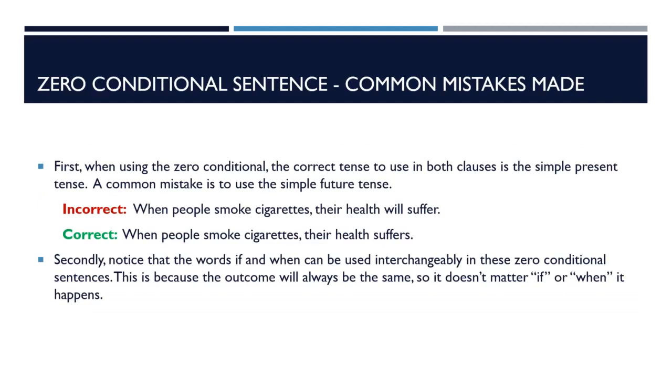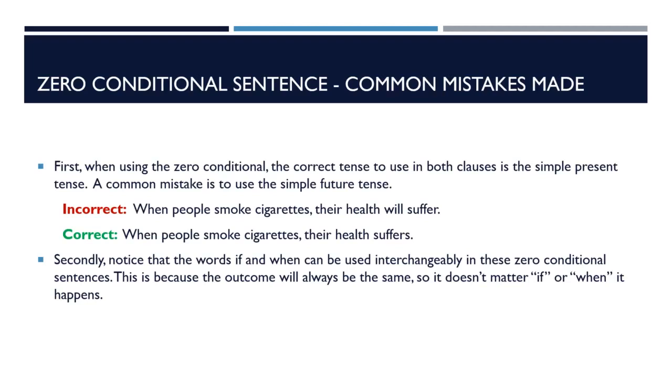Zero conditional sentence: common mistakes made. First, when using the zero conditional, the correct tense to use in both clauses is the simple present tense. A common mistake is to use the simple future tense. Incorrect sentence: when people smoke cigarettes, their health will suffer.